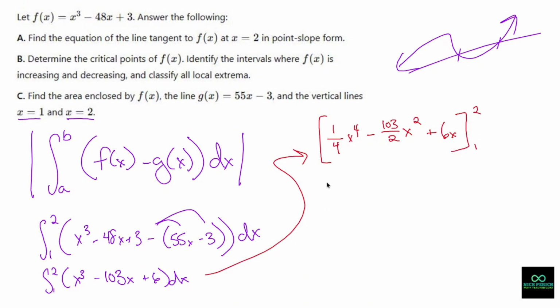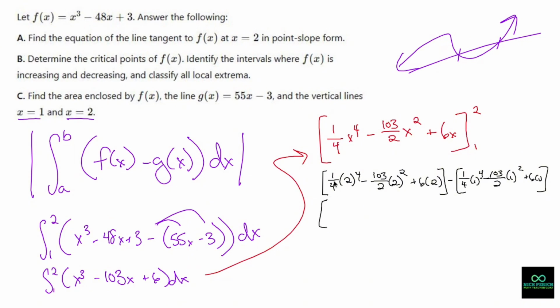So we're going to have gross math here that we're going to have to deal with. It's unfortunate, but it is what it is. Okay, so I have 1/4 times 2 to the fourth, minus 103 halves times 2 squared, plus 6 times 2, minus, 1/4 times 1 to the fourth, minus 103 halves times 1 squared, plus 6 times 1.